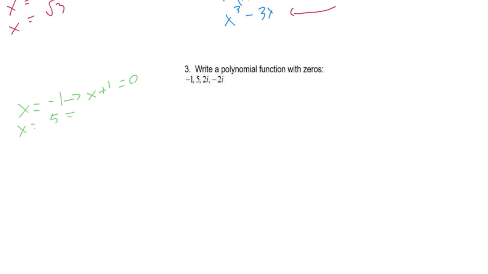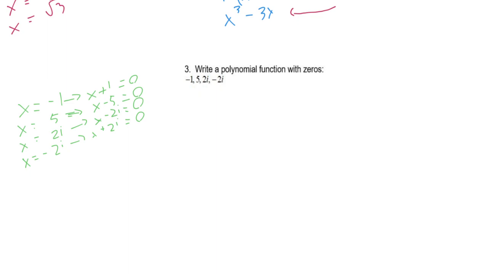That becomes x minus 5 equals 0. Then we have x equals 2i. That becomes x minus 2i equals 0. And then x equals negative 2i. That becomes x plus 2i equals 0.